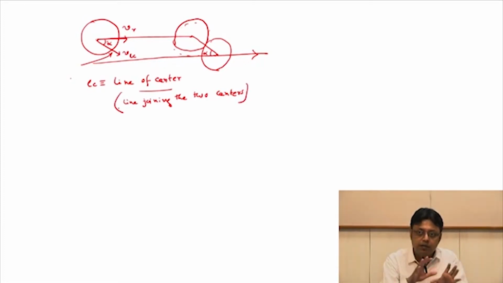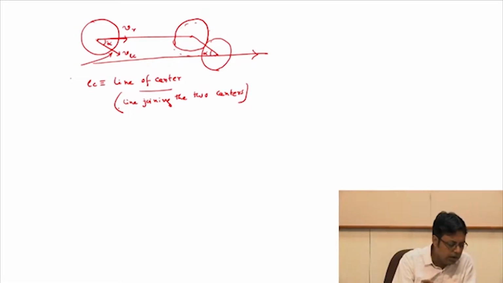We're writing in terms of velocity, but we can easily convert it to energy, that we already know. Then we can ask, what will be the energy transferred along this line of center? That will be nothing but half m v square, but instead of m we have to write mu because it's a reduced mass system. Only one particle is moving, the other one is static, and then we write the V relative.